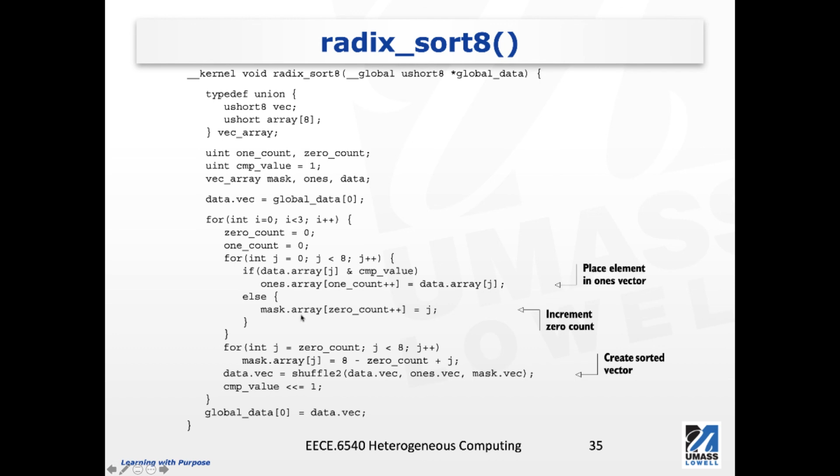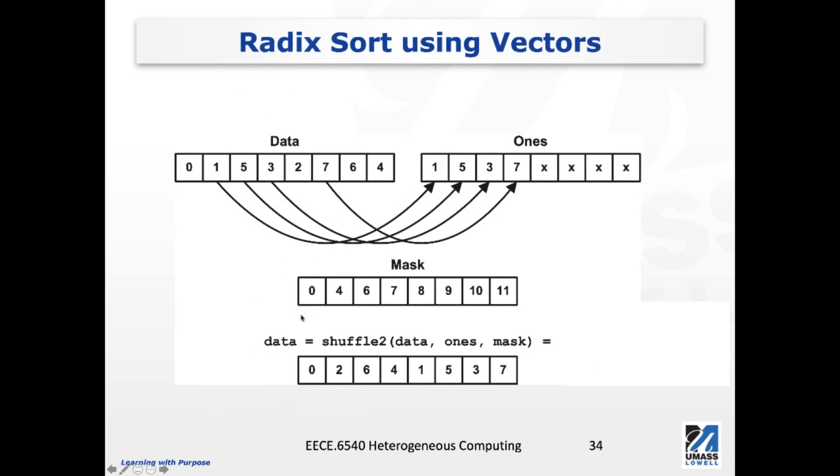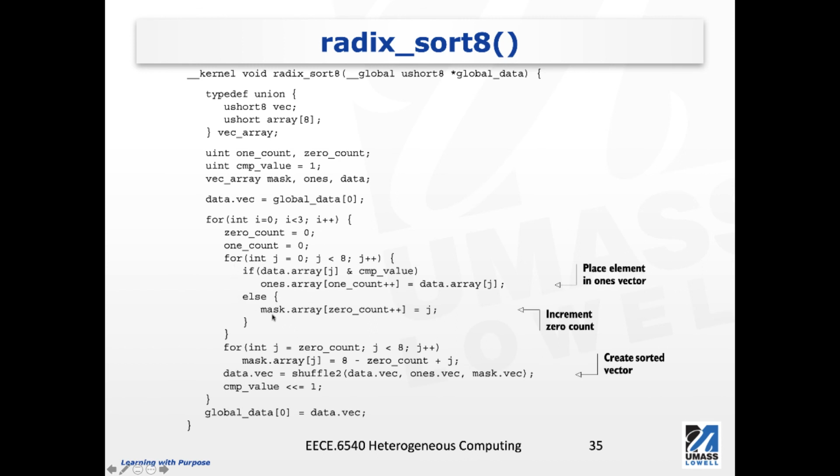That's why, if I go back to the previous slide, that's what we do here. We know that the least significant digit of the first number is a 0, so we should not put this number into the ones bucket. Instead, we should record the index, which is 0, into this mask vector. And then we do this for all the 8 numbers in the current data vector.